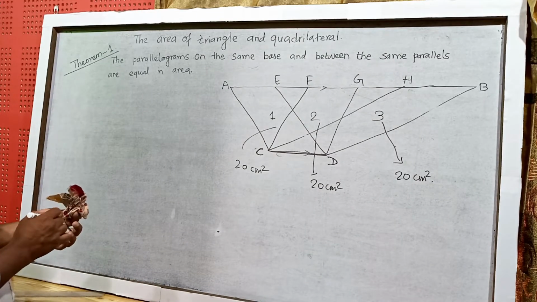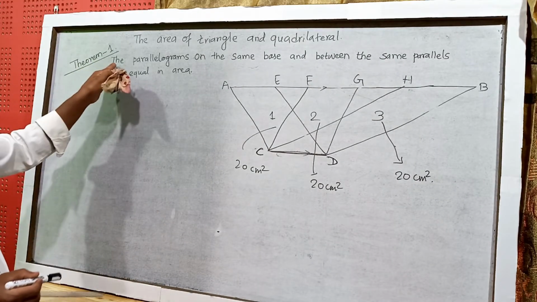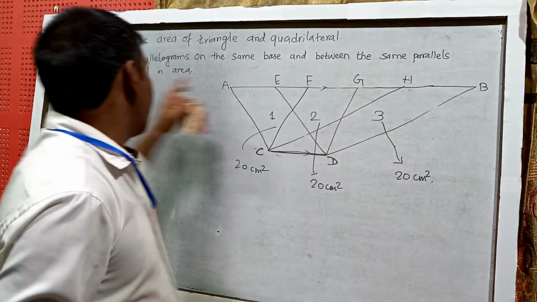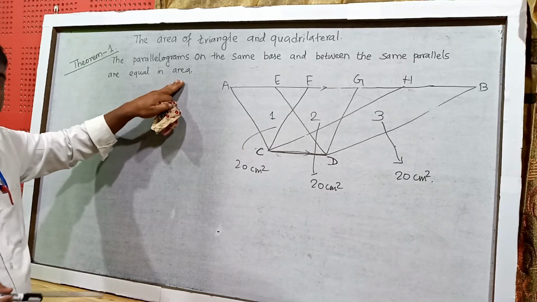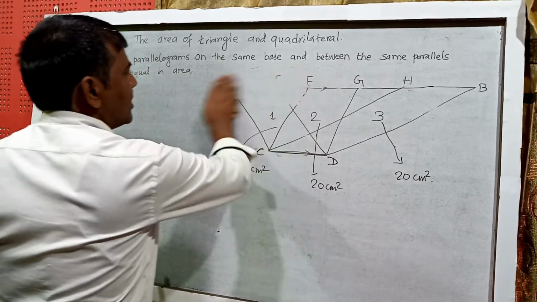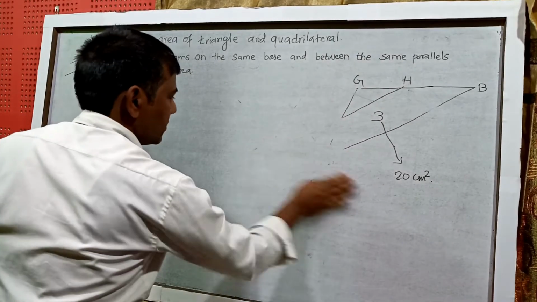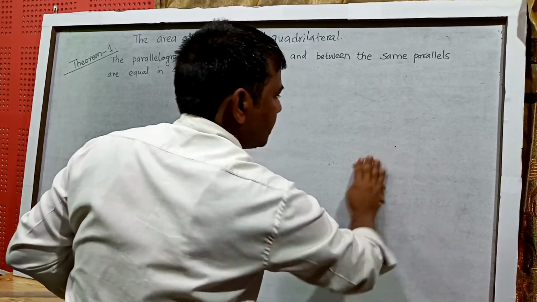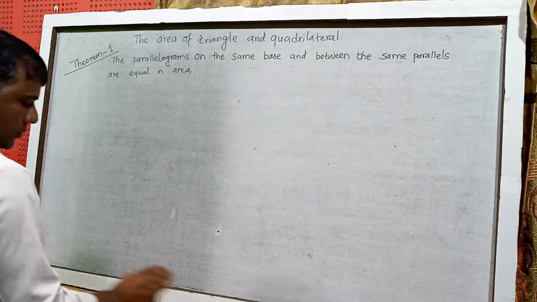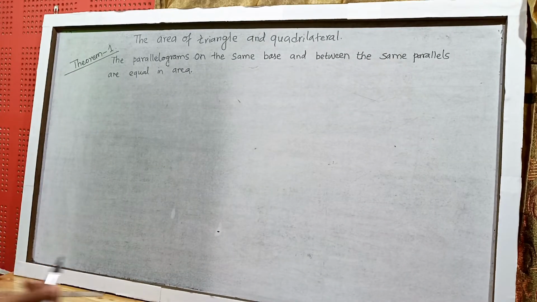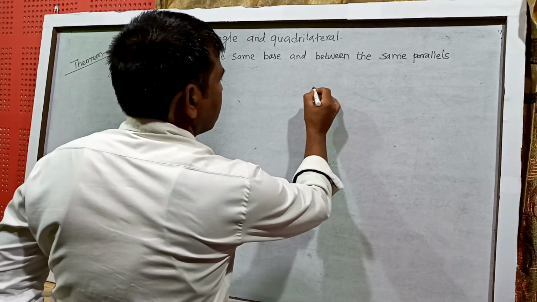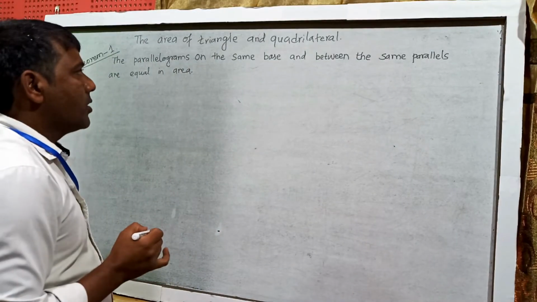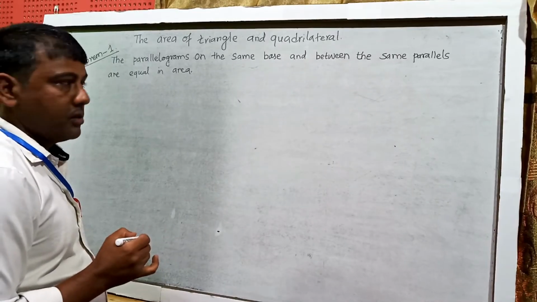Now I am going to prove this statement. The parallelograms on the same base and between the same parallels are equal in area. How to prove this statement? We have been given the parallelograms on the same base and between the same parallels.